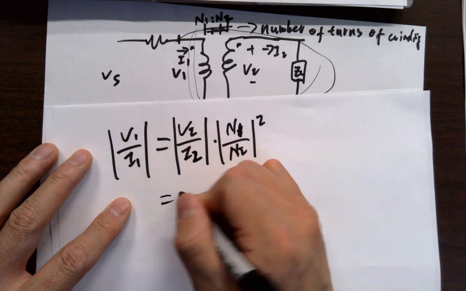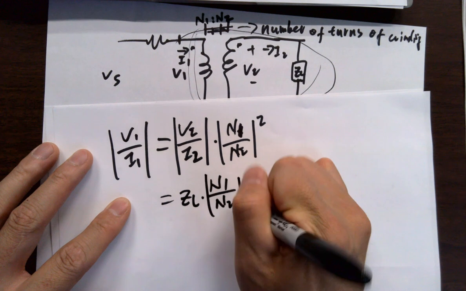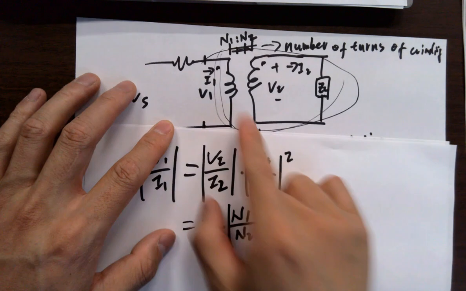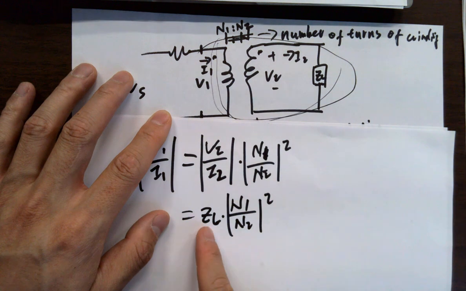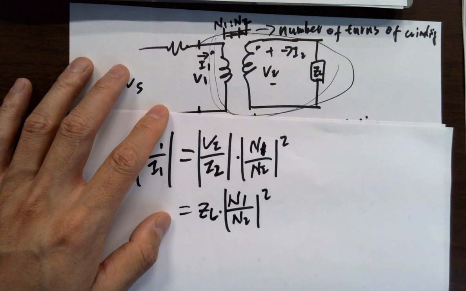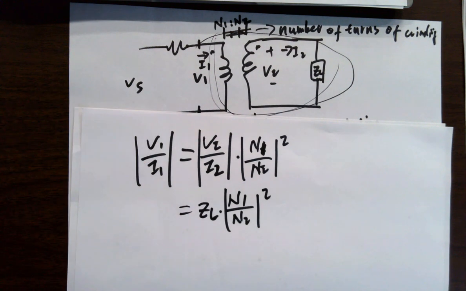So this equals ZL times N1 over N2 squared. So the equivalent impedance, if you don't have the coils over here, is going to be ZL, but now you have a coil, it becomes ZL times N1 over N2 squared. Okay? So this is a conclusion you need to know.